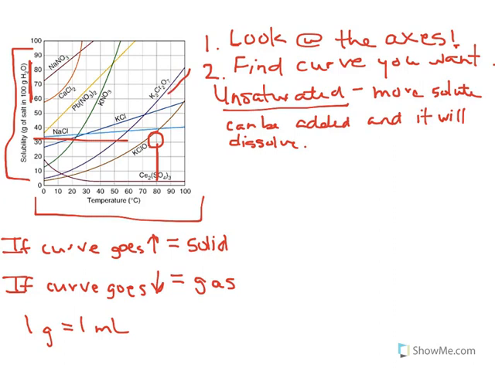So everybody see that? My curve is way up here. I ended up below the curve. Okay? That is an unsaturated solution. What that means is, I could still add more solute, I'm not all the way to that curve. That is an unsaturated solution.